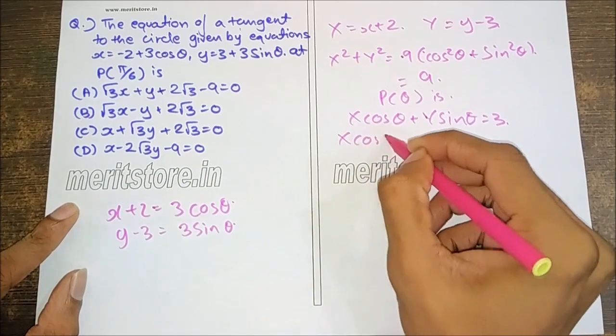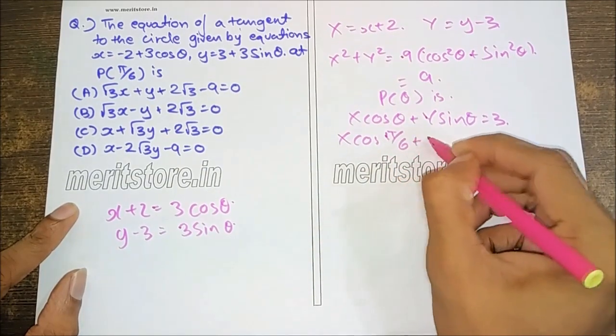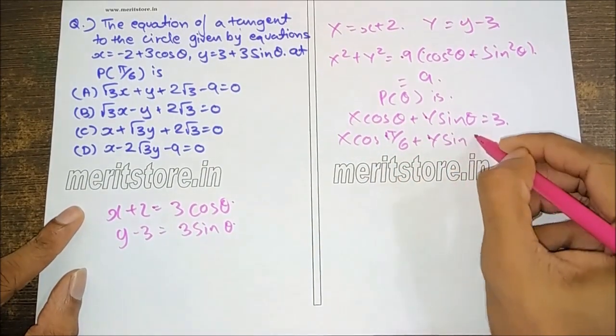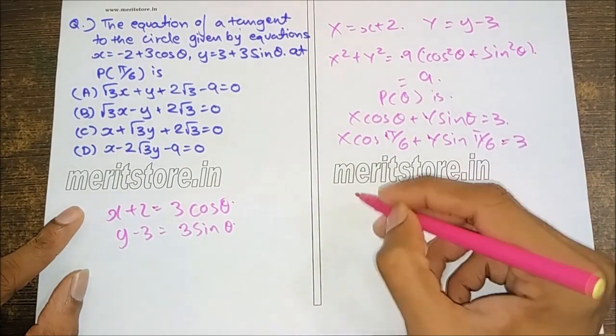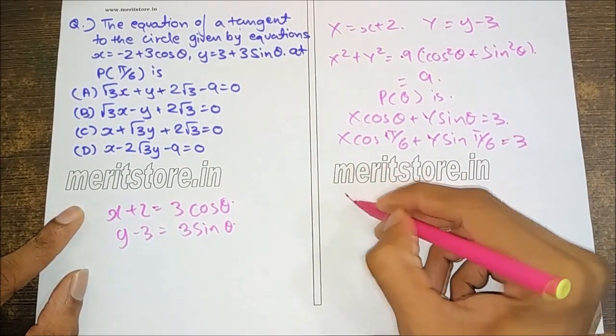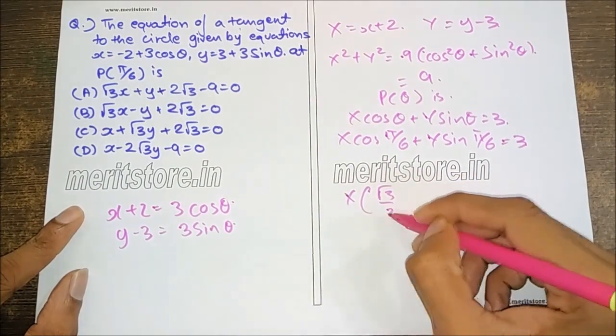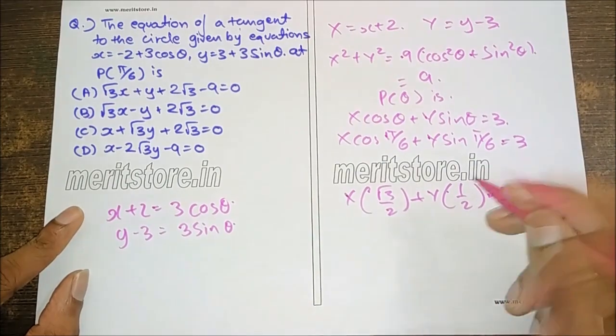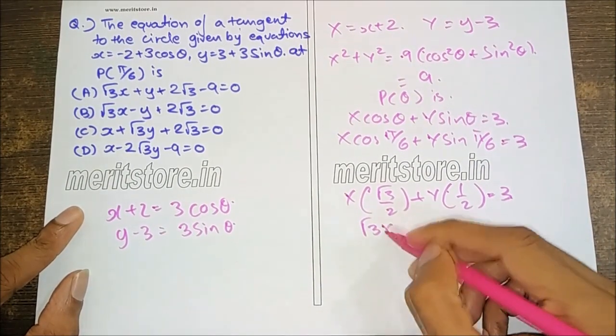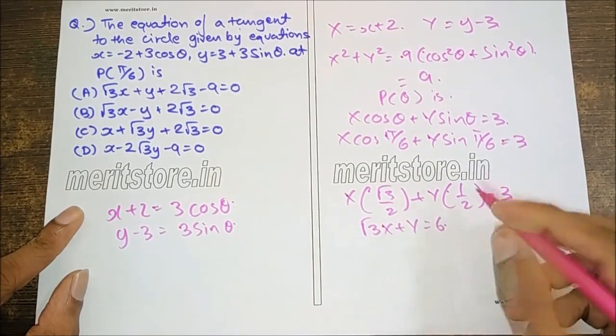Therefore, X cos pi by 6 plus Y sin pi by 6 is equal to 3. We substitute the value, we get X of root 3 by 2 plus Y of half equal to 3. Therefore, we get root 3 X plus Y equal to 6.